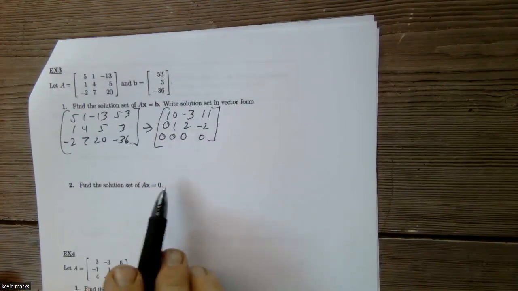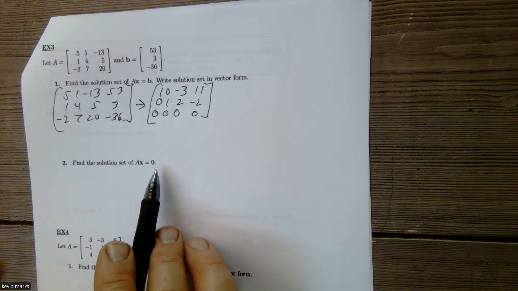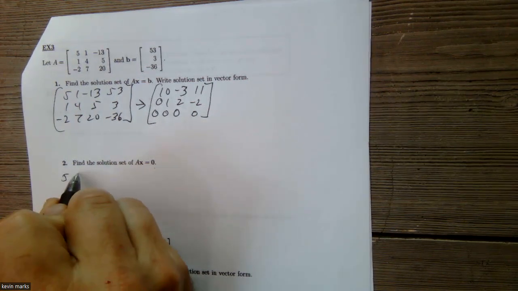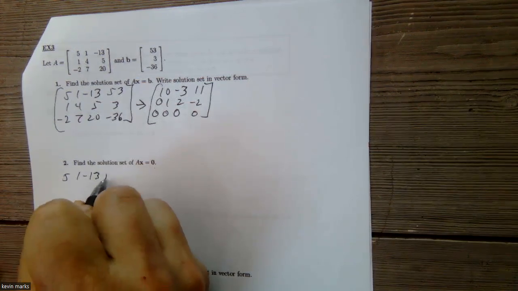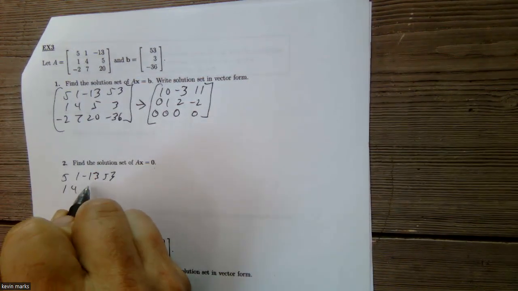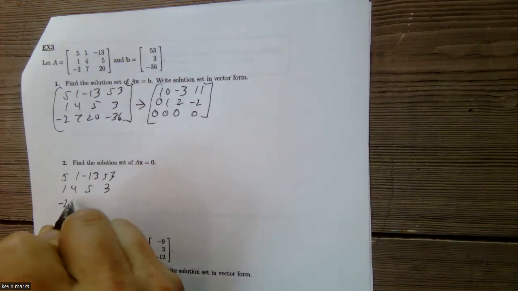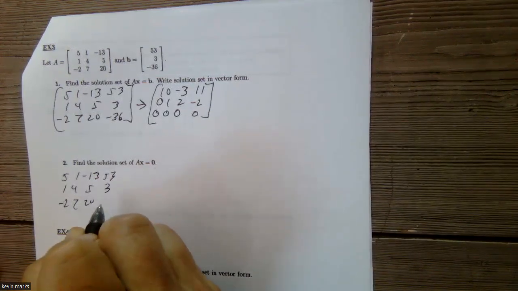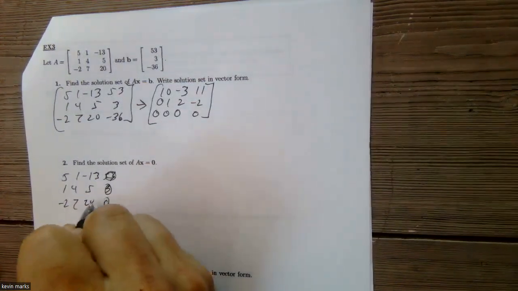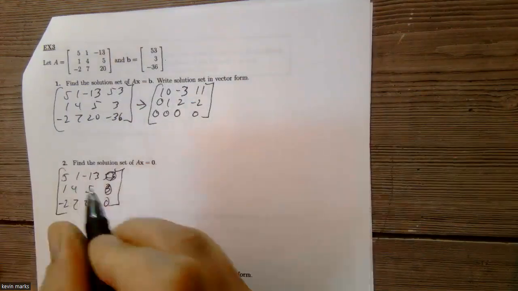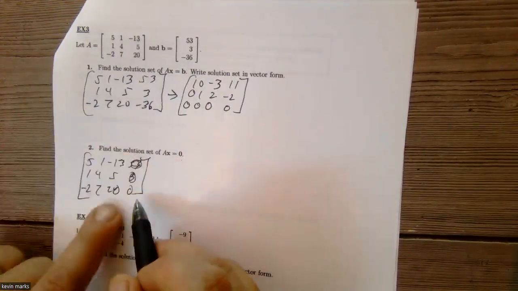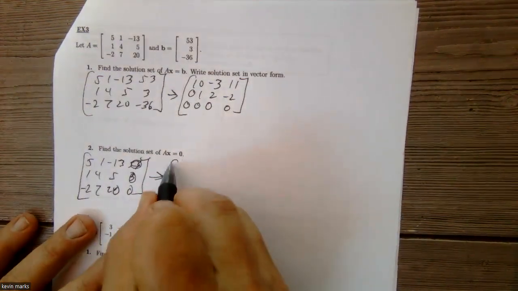But what if I wanted to find the solution set of the homogeneous AX equals 0? You would do the same thing, right? 5, 1, -13, 53, 1, 4, 5, 3, -2, 7, 20. Oh no, 0, 0, 0. That was the whole point. Here's my A, and I want to augment it with my 0.